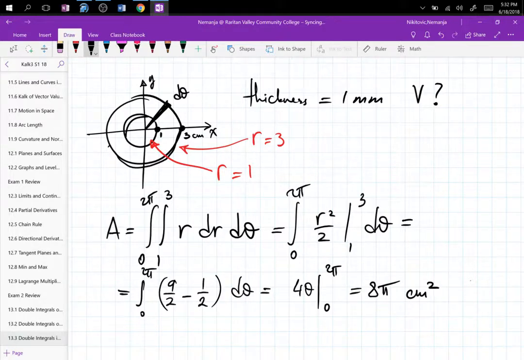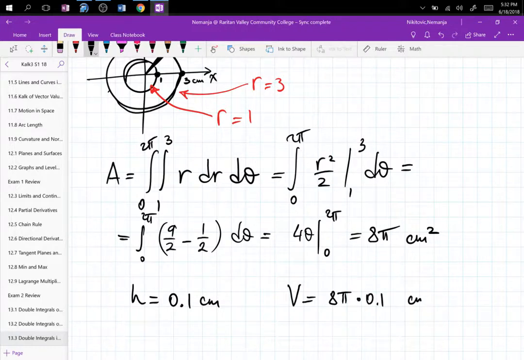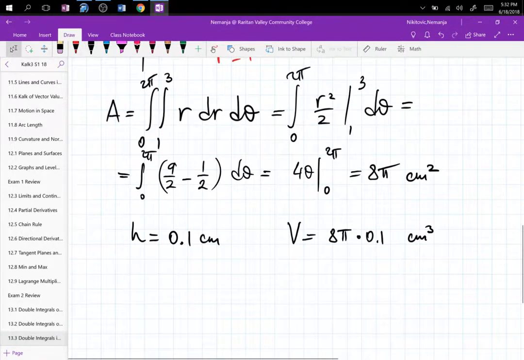Now, we are going to take the height, which is 0.1 centimeters, right? That was the 1 millimeter is 0.1 centimeters, and we're going to multiply 8 pi by 0.1, and the answer is centimeters cubed.